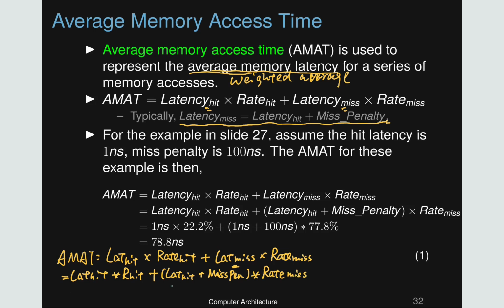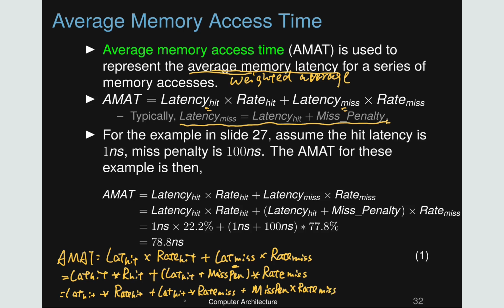And then if we break down this parenthesis, what we have is hit latency multiplied by hit rate, plus the hit latency multiplied by miss rate, plus the miss penalty multiplied by miss rate.